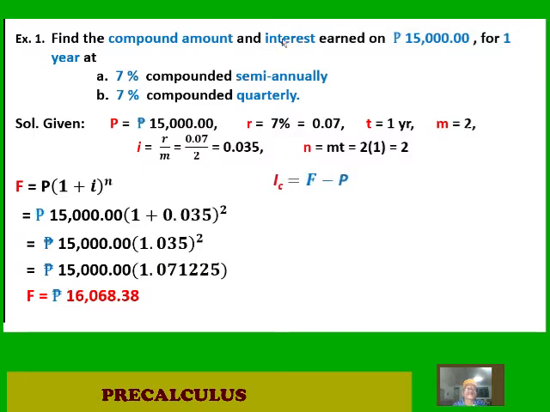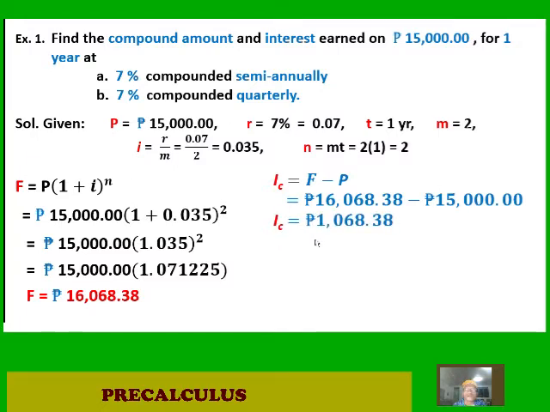It is asking for the interest, so I is equal to F minus P, maturity value minus the principal. So F is 16,068.38, principal is 15,000, subtract. So the compound interest is 1,068.38. We can solve this in another way using the alternative formula for compound interest.